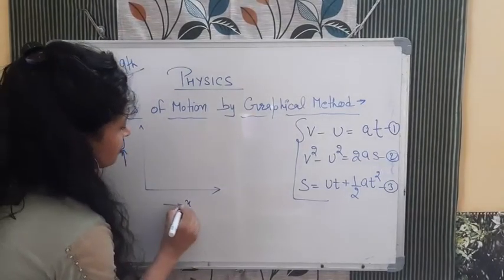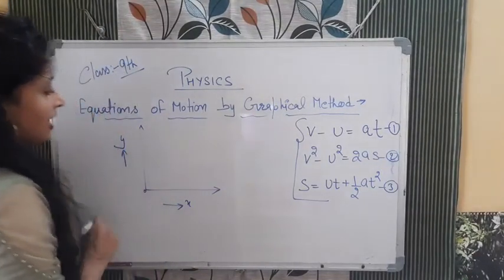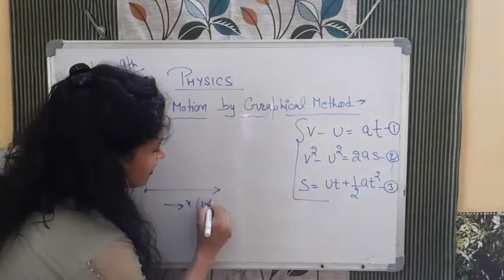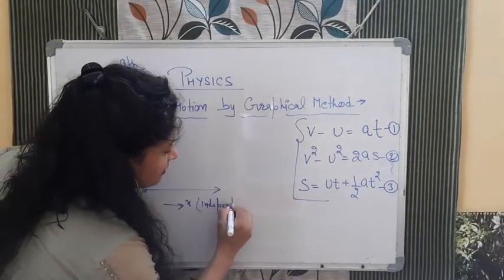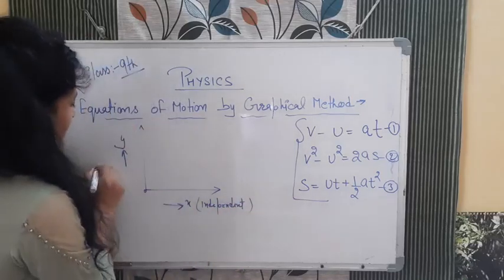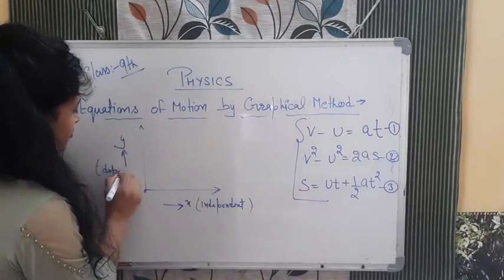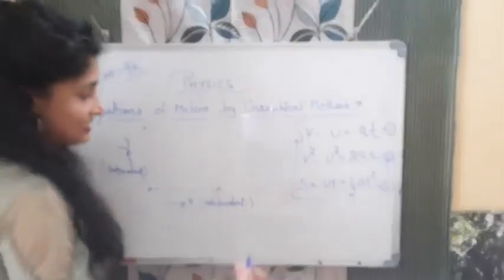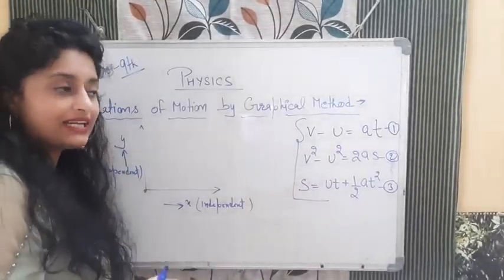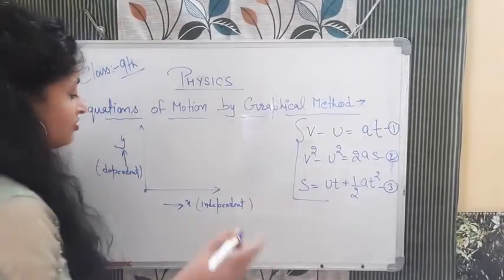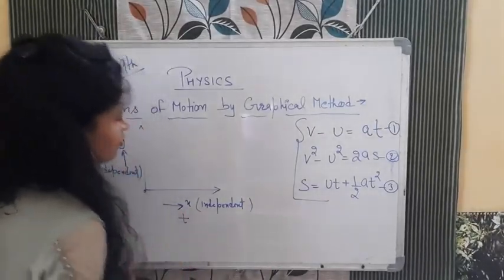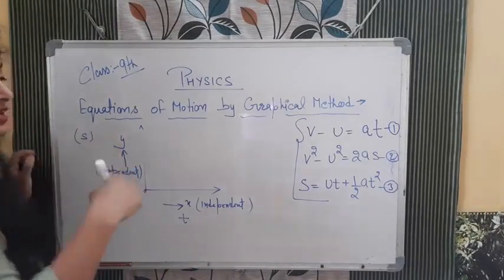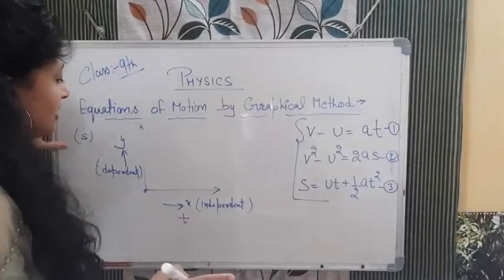This is the origin. On the x-axis are always independent quantities, and on the y-axis dependent quantities. For example, we studied the distance-time graph, the displacement-time graph, and the velocity-time graph. Time is an independent quantity, so time is on the x-axis, and distance and velocity, which depend on time, are on the y-axis.